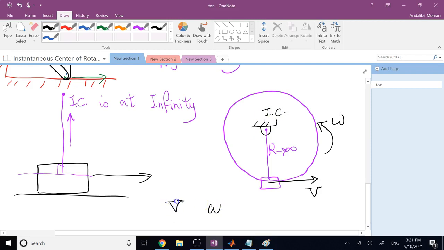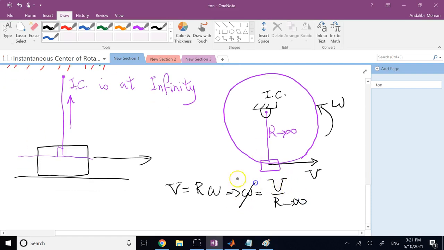Clearly, magnitude v equals R times omega, as you know, right? And how much is omega? Omega is going to be V divided by R. But since this R is going to infinity, and this V has a constant magnitude, then omega in limit is going to go to 0, which means your object is not really rotating, it is doing a pure translation. So translation can be regarded as rotation about a center at infinity, correct? And that's where we say instantaneous center is at infinity.